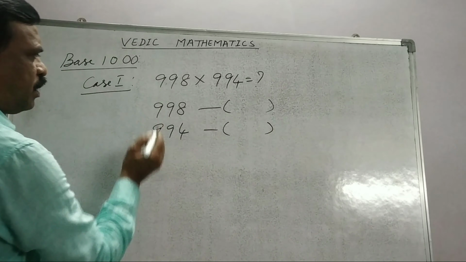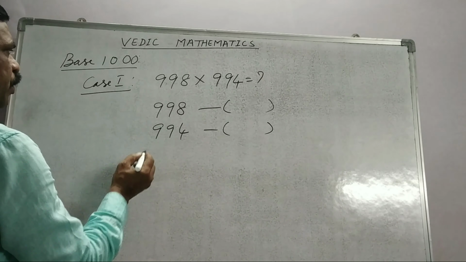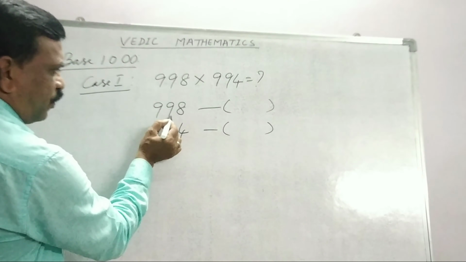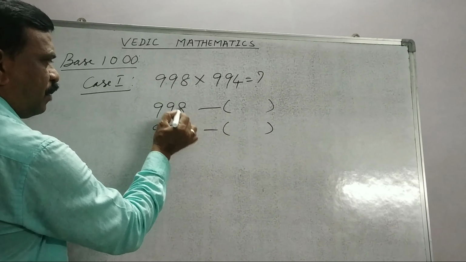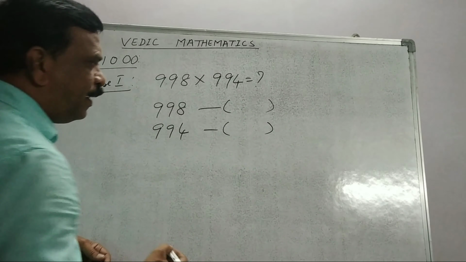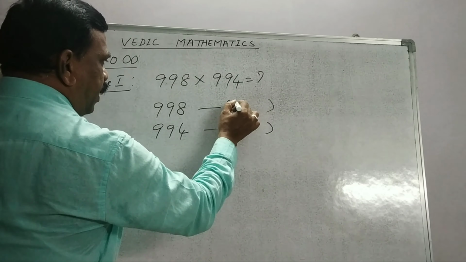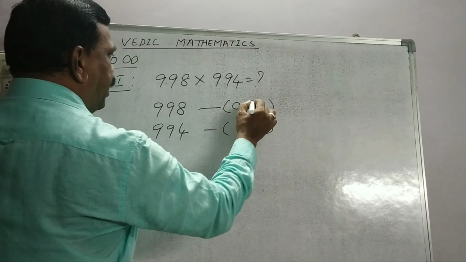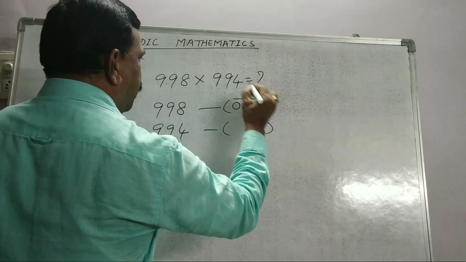Therefore we use the sutra Nikhilam Navatashcaramam Dashatah. That means for all the numbers we write complement of 9. For the last number we write complement of 10. So here 9 complement is 0, 9 complement is 0, and here 10 complement for 8 is 2. So this is a negative number.